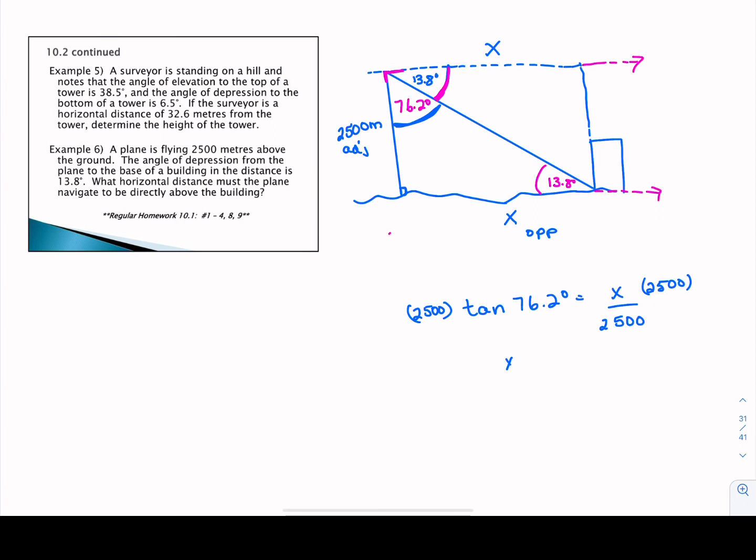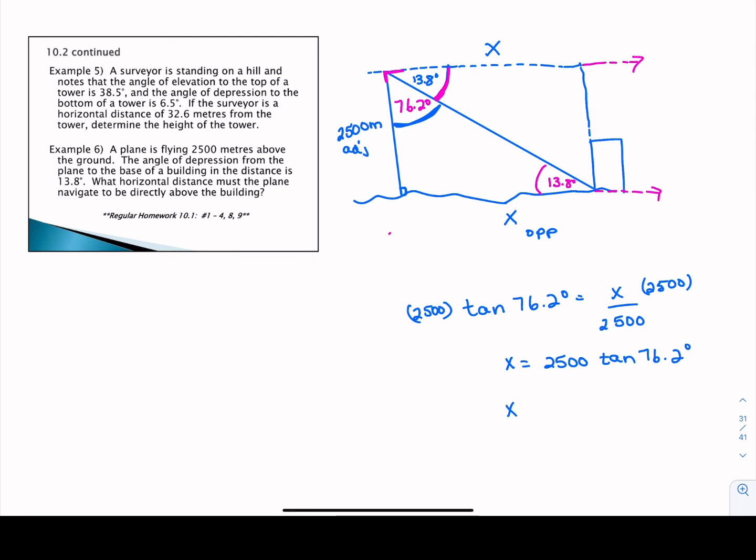So to get an exact value for x, take 2,500 and multiply that by the tangent of 76.2 degrees. And again, just take your time doing the calculation. So 2,500 times the tangent of 76.2 is going to give you roughly 10,178.1.